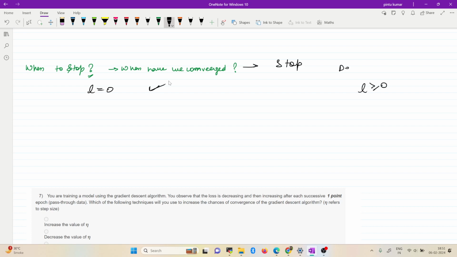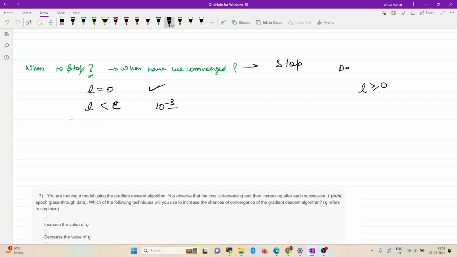That means you have classified all the training points correctly. But almost never will this happen. So one thing is, you can fix some bound on your loss. Let's say if my loss becomes less than, say, 10 to the power minus 3, then I'll stop. This is one possibility.